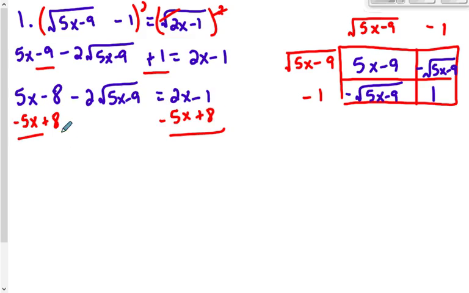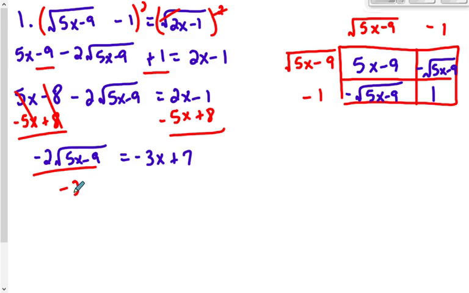On the left side, when I do that, they cancel out and leave me with negative 2 square root of 5x minus 9. On the right side, 2x minus 5x is negative 3x, and then plus 7. Now, what do I do?